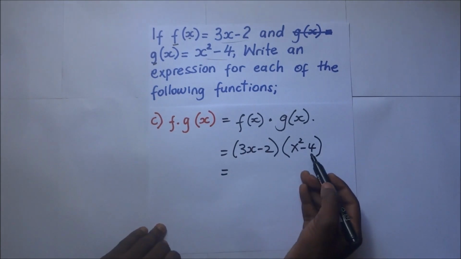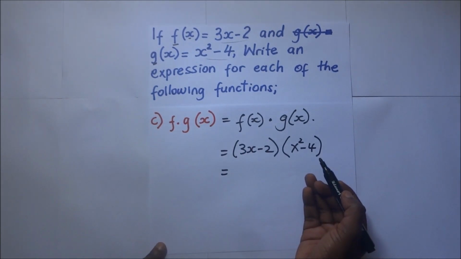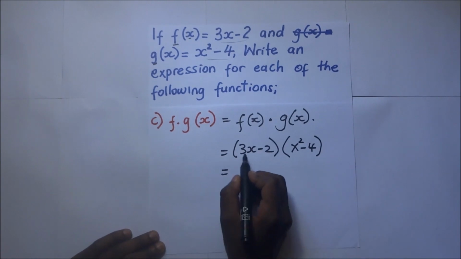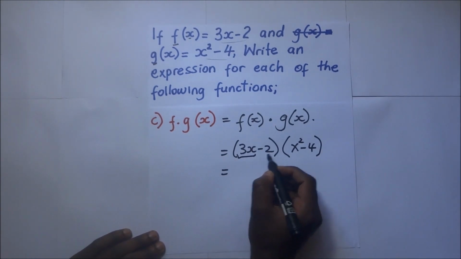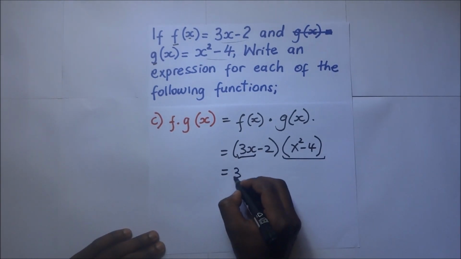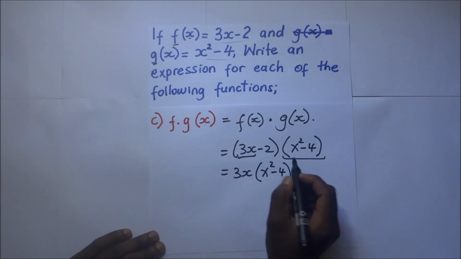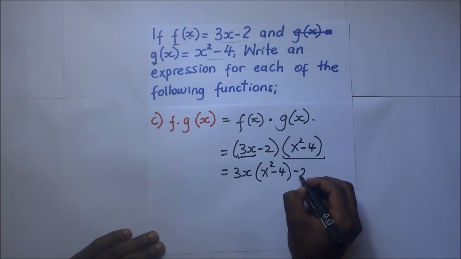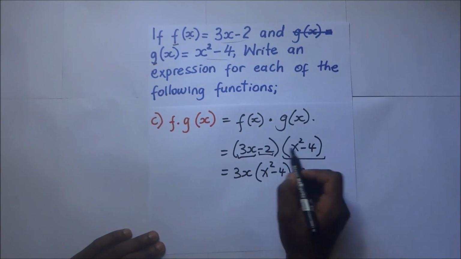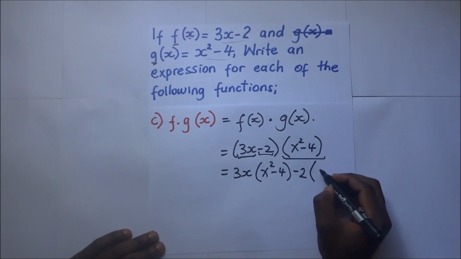So definitely these are two brackets multiplying each other, so we are going to go ahead and open the brackets. So this becomes 3x times x squared minus 4, minus 2 times the whole bracket, minus 2 into x squared minus 4.